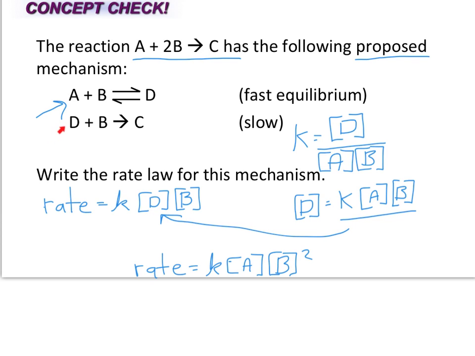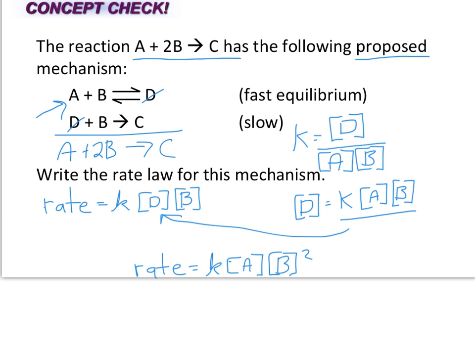Then that intermediate reacts with B to form C. So that if we add everything up, then what we have is that the intermediate cancels, and we have our overall reaction. And remember, that's all this is. This is simply the net reaction that takes place.